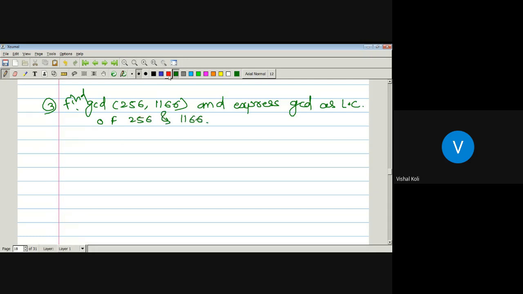Yes, tell me the GCD of this one. Yes, what is the GCD? Yes, how to write 1166?